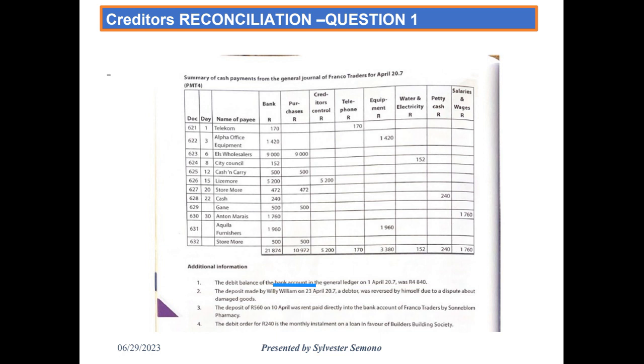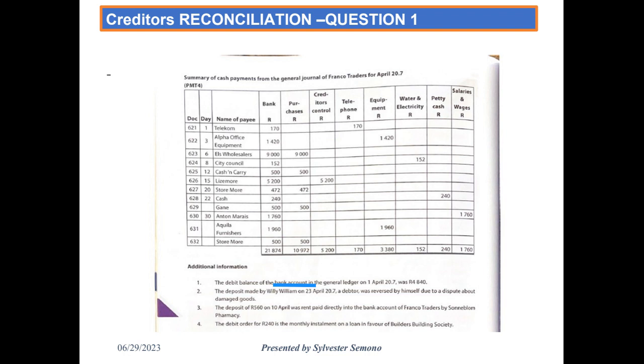Now they say, on the second, the deposit made by William on the 23rd was reversed by himself due to a dispute.